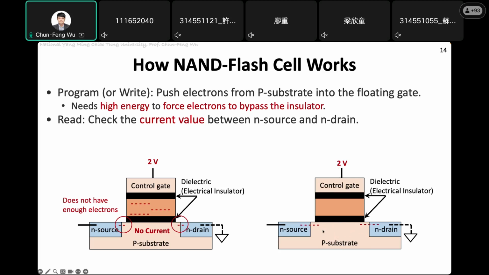So the electrons will once again be captured by the N source and N drain. But the difference is that there are enough electrons, so it will generate a current from N source to N drain.